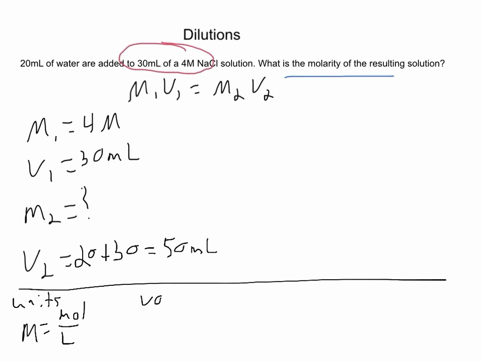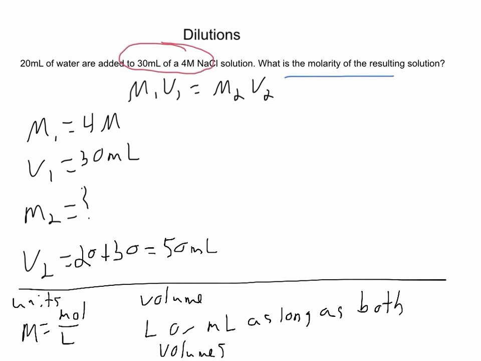The volume can be in liters or milliliters as long as both volumes have the same unit. As long as V1 and V2 are in the same unit, you're allowed to keep it in milliliters. You do not have to convert to liters.